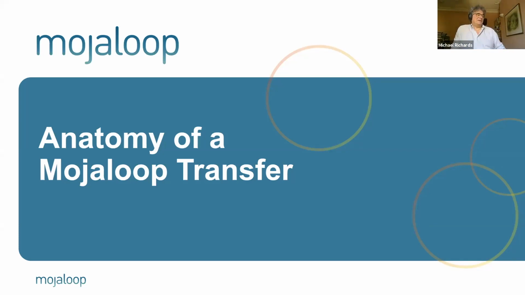This presentation is really designed to talk through exactly what happens when a transfer is made in Mojaloop. One of the things that's striking to me is that this is really quite different from the way in which a lot of interoperable systems manage this.